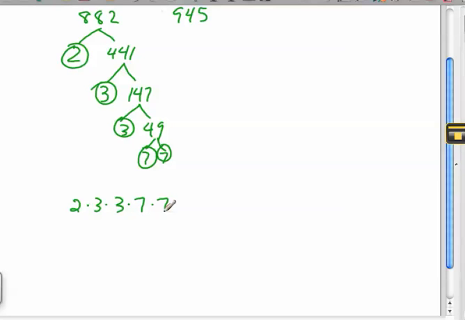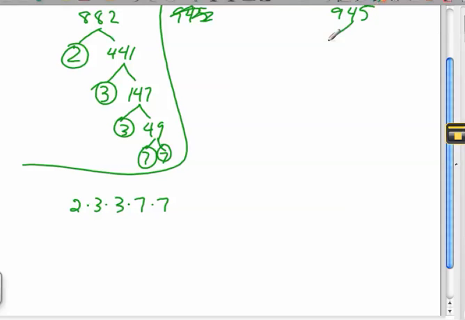Okay. For 945, I'm just going to draw a little line here. I could scoot 945 over so we're not so cramped. 945. Okay. I know 5's going to go into it. Don't tell me. Let me just see how long it takes me. 189? Is that right? Okay.